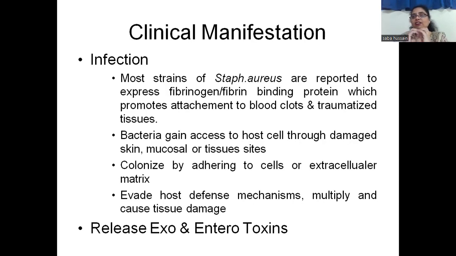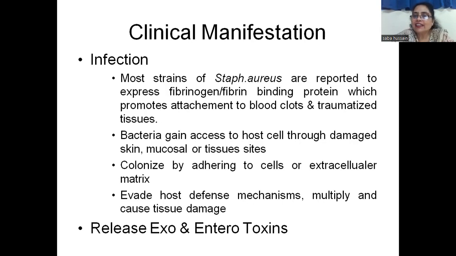So whenever there is some tissue injury, epidermal injury, the bacteria can enter through these injuries and reproduce.